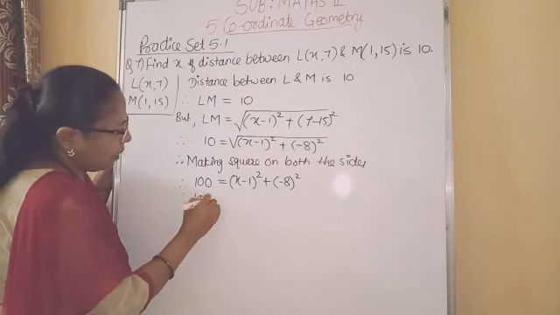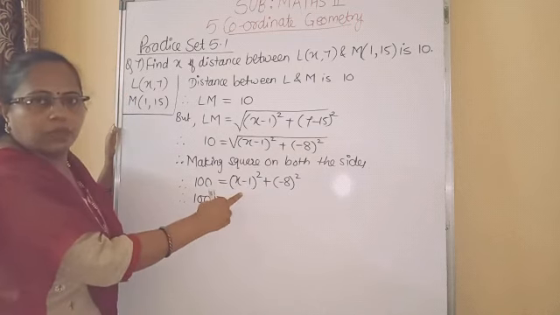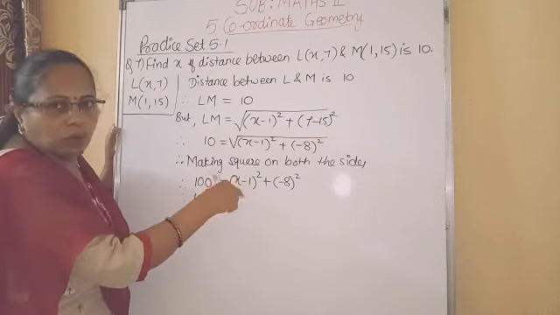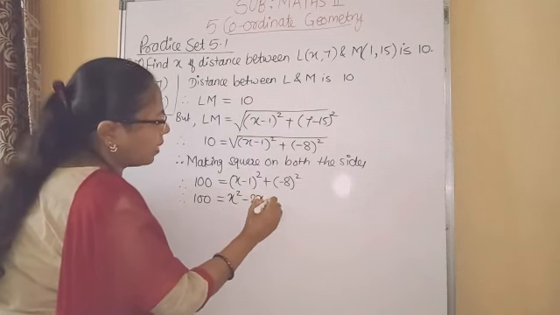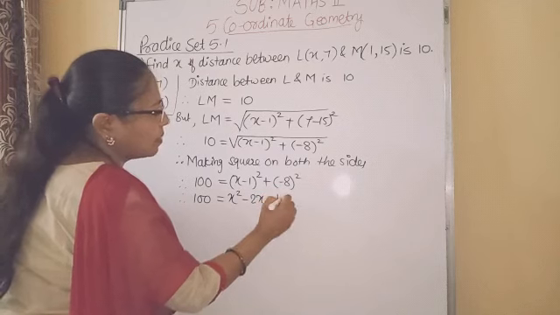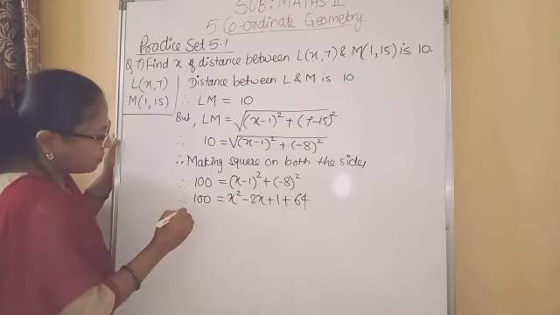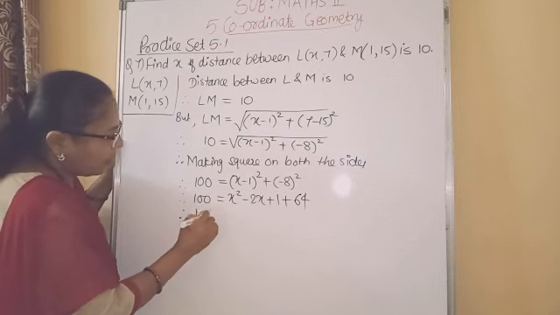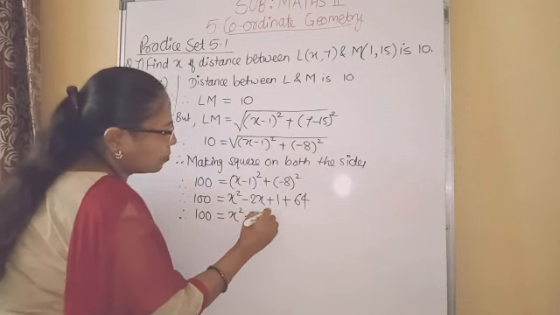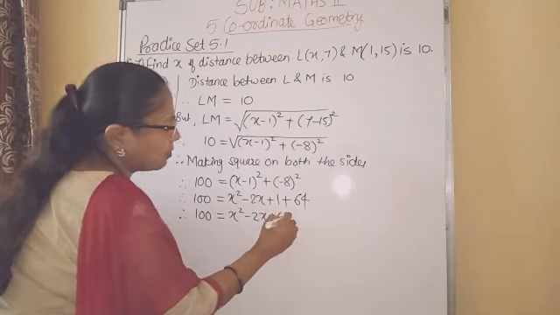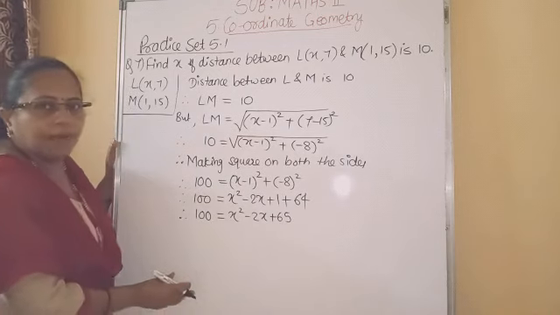Therefore, 100 is equal to, now we have to expand this bracket using the (a minus b) the whole square formula. According to that, x square minus 2x plus 1 plus (minus 8) square, which is 64. Therefore, 100 is equal to x square minus 2x plus 65. Now we will take this 100 to this side, so it gets minus 100.